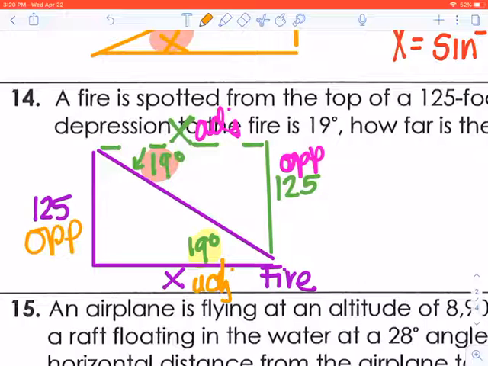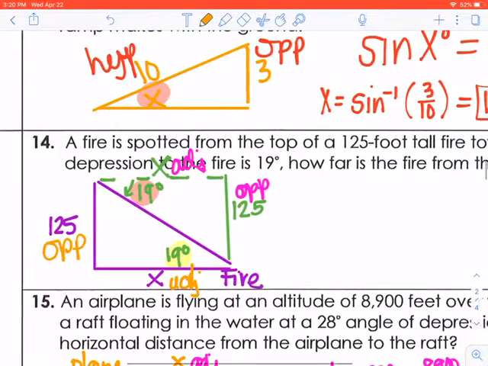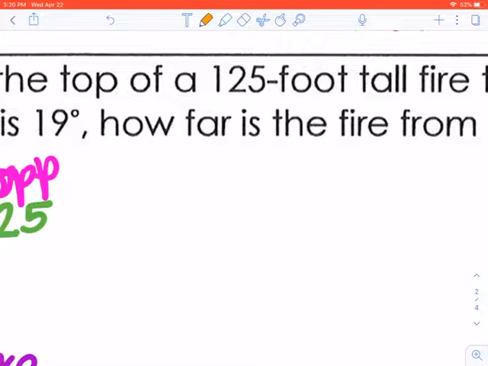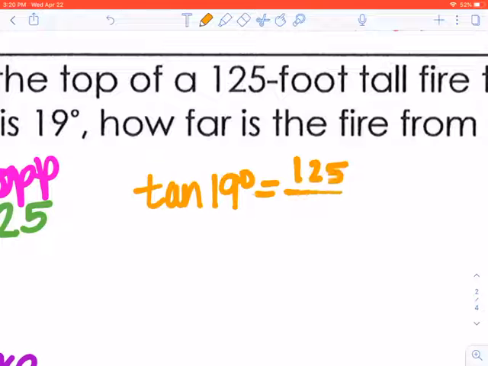It's the same exact thing. So you pick which one, make sure you put the 19 degrees in the correct spot. That's the important part. So no matter what, we have tangent 19 degrees. That is going to equal the opposite, 125, over the adjacent x.